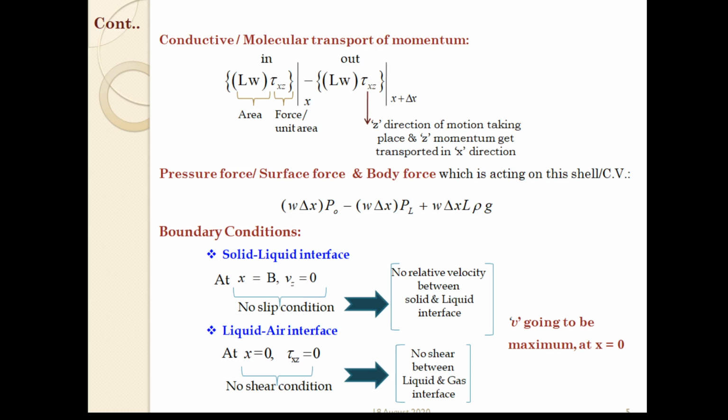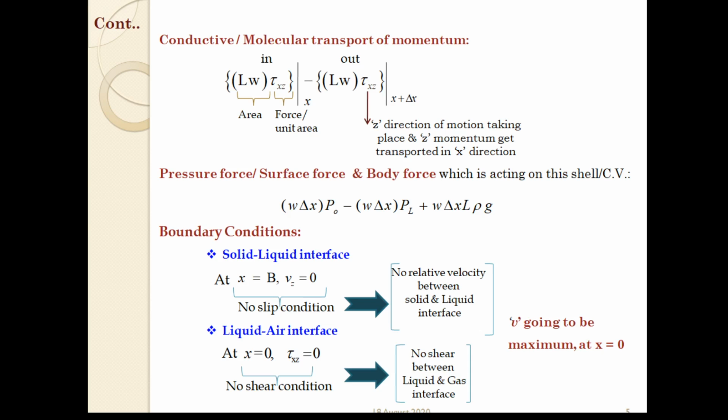Now at the liquid air interface, there will always be a shear stress term. At x equals to b, the liquid is attached to the solid wall, but at x equals to 0 it is far away from the solid wall. So at x equals to 0, tau xz will be 0, because this is the liquid air interface where the no shear condition prevails, and the velocity is going to be maximum at x equals to 0.